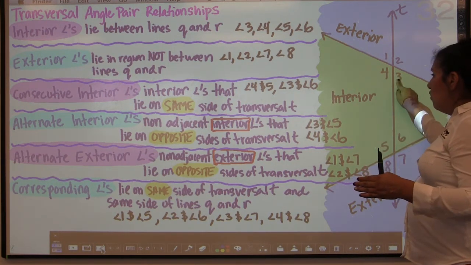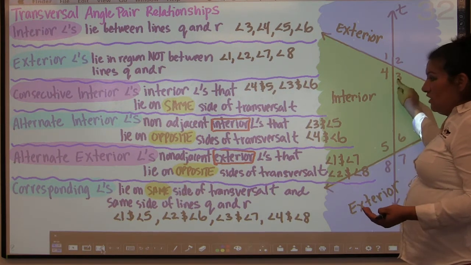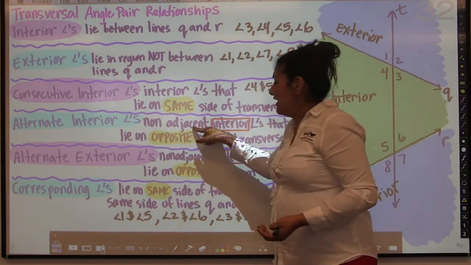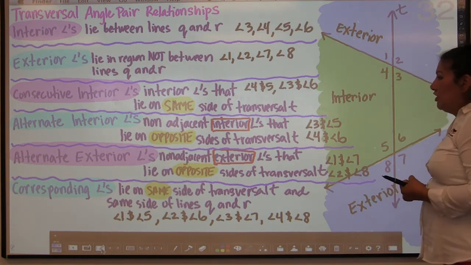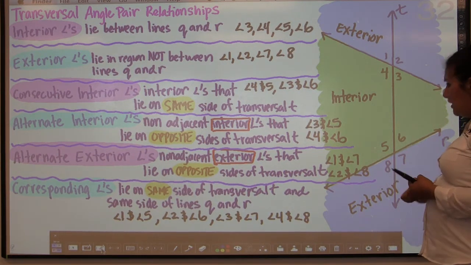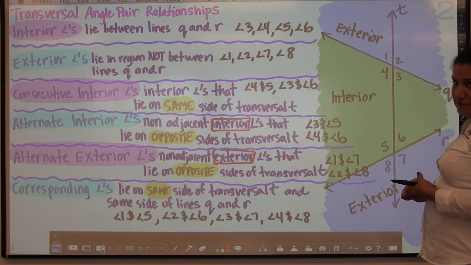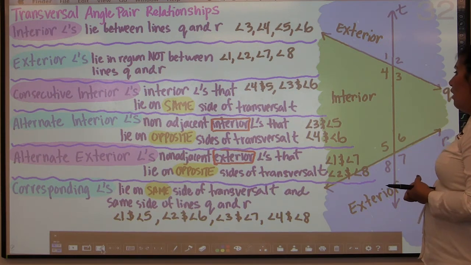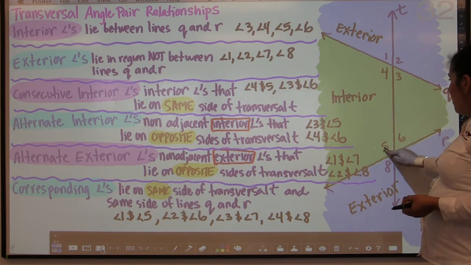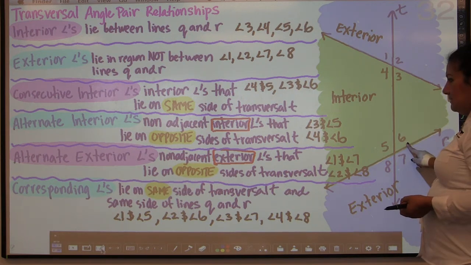But 3 and 4 are adjacent, they're next to each other. So it says also non-adjacent. So for alternate interior, they have to be non-adjacent, interior, and on opposite sides of the transversal. So your examples for alternate interior are 3 and 5, and 4 and 6.